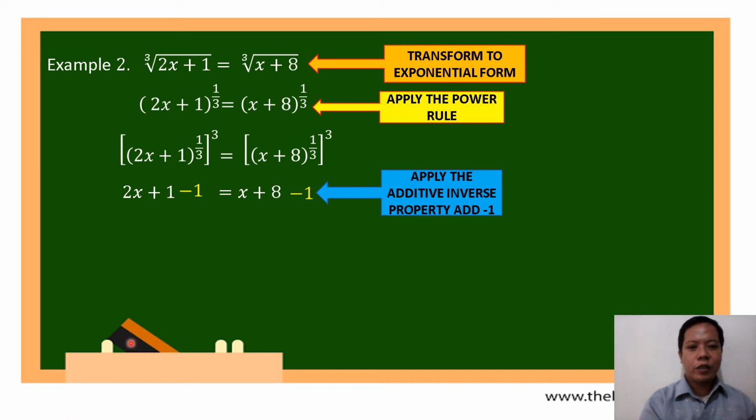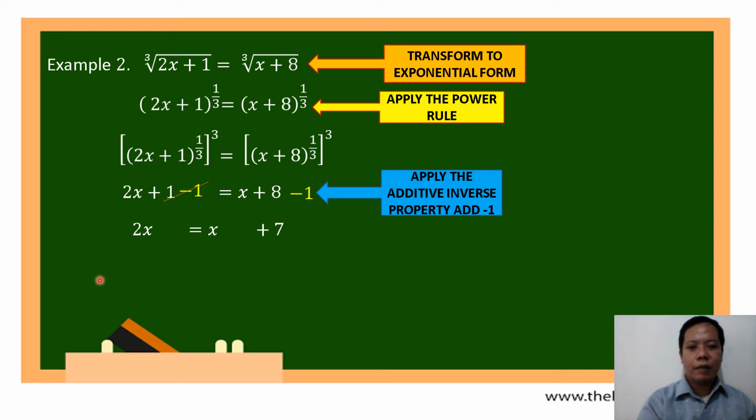Add negative 1 to the left and add negative 1 to the right. Why? Because as you can see here, we can apply inverses, then this will be 0. So therefore, on the left side 2x will remain, and x plus 7 on the right side, because when you add 8 to negative 1, the answer is 7, and then rewrite x here.